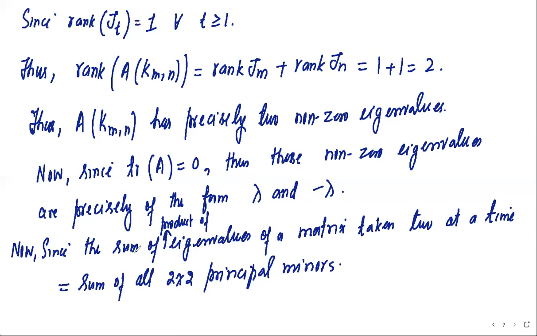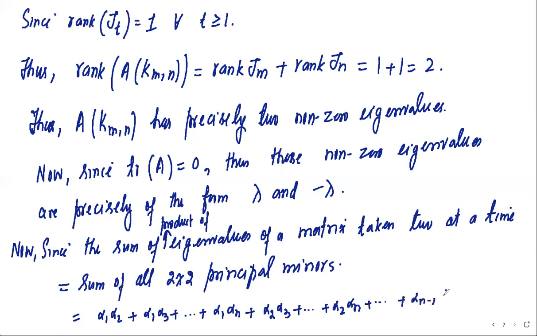So if alpha 1, alpha 2, up to alpha n are the eigenvalues, then the sum of products of eigenvalues taken 2 at a time can be written as alpha 1 alpha 2 plus alpha 1 alpha 3 plus so on, plus alpha 1 alpha n, plus alpha 2 alpha 3 plus so on, plus alpha 2 alpha n, plus so on, plus alpha n minus 1 alpha n.